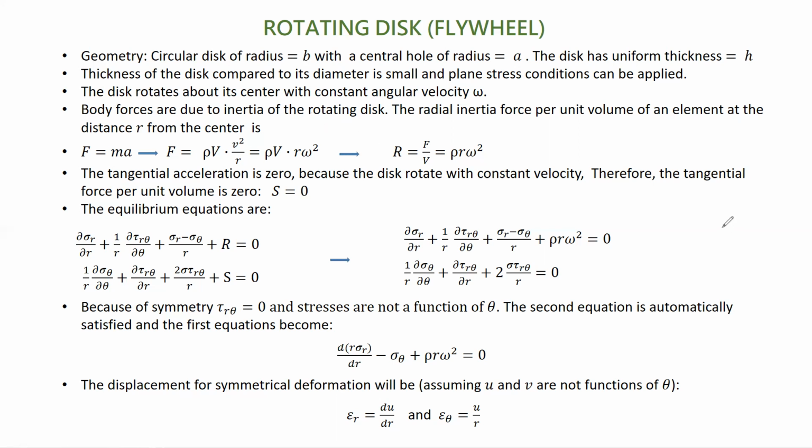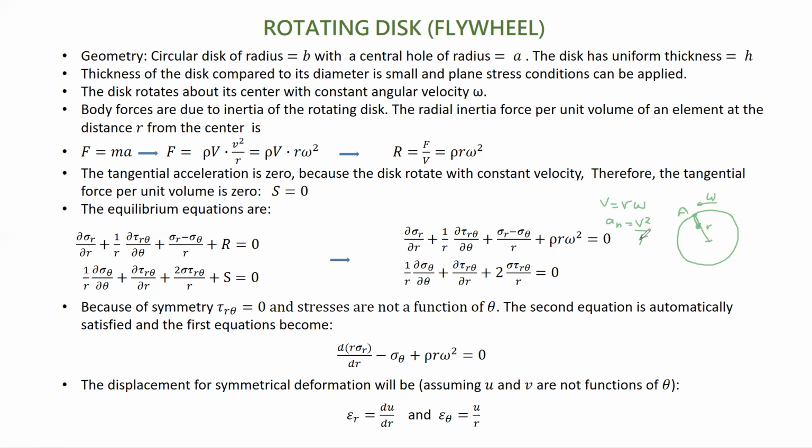So if I have a disk which is rotating with the angular velocity omega, every point such as the point A at the distance R from the center would have a velocity equal to R omega, and would have a normal component of acceleration, AN, which is equal to V squared over the radius of curvature at that point.